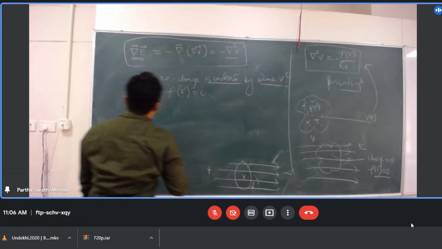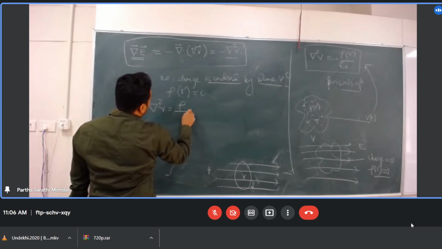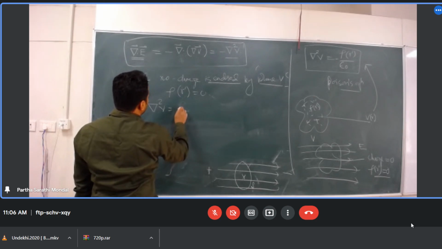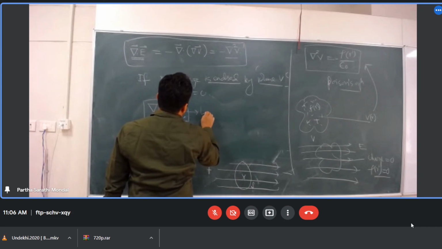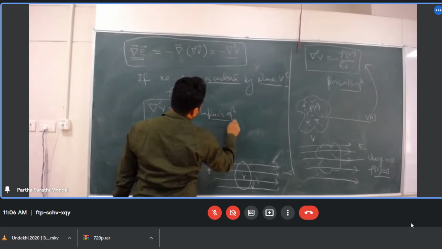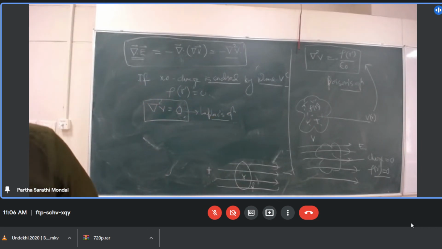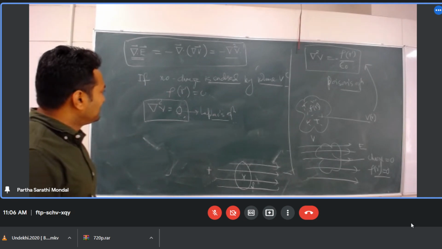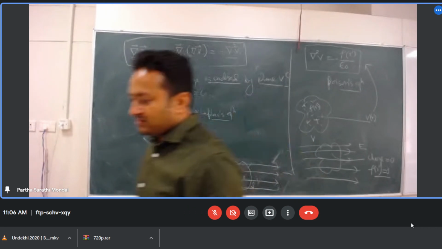Then your Poisson equation will become a very simple equation. We call this Laplace's equation. So the Laplace equation follows in electrostatics under only one condition, if no charge is enclosed by the volume. Is it understood?